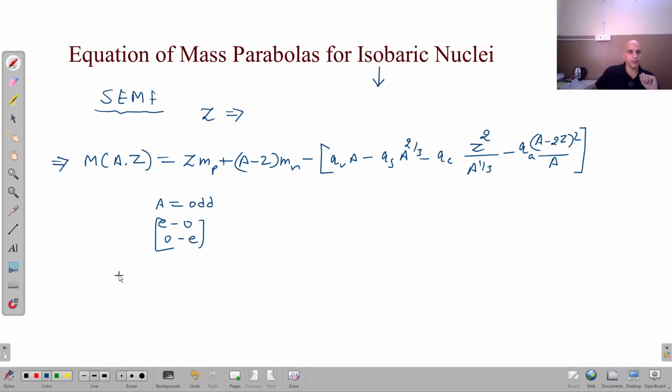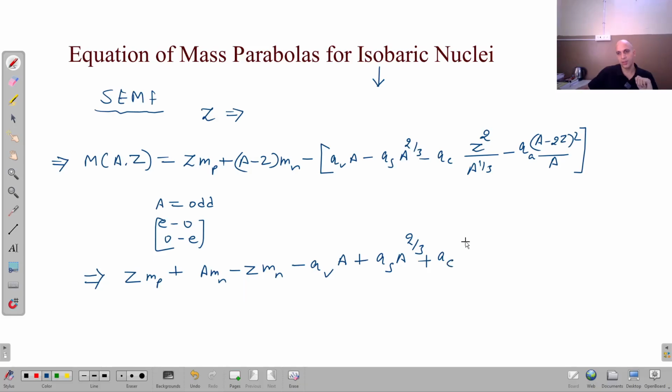Now I am expanding the bracket, so I will get Z times mass of proton plus A times mass of neutron minus Z times mass of neutron, minus volume energy term into A, plus surface energy term A power 2 by 3, plus Coulomb energy term Z square divided by A power 1 by 3, plus asymmetry energy term into (A square plus 4Z square minus 4AZ).